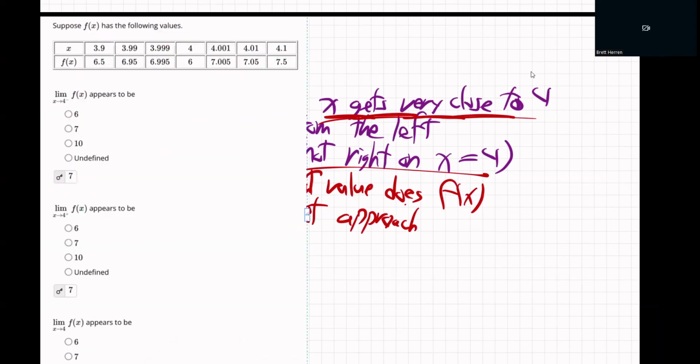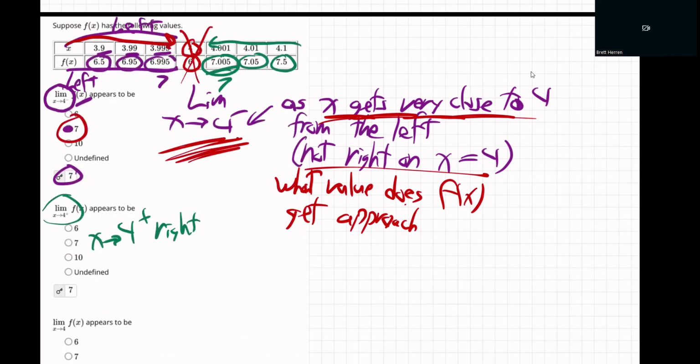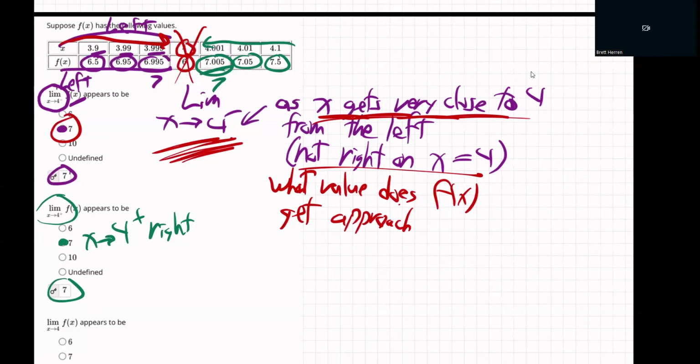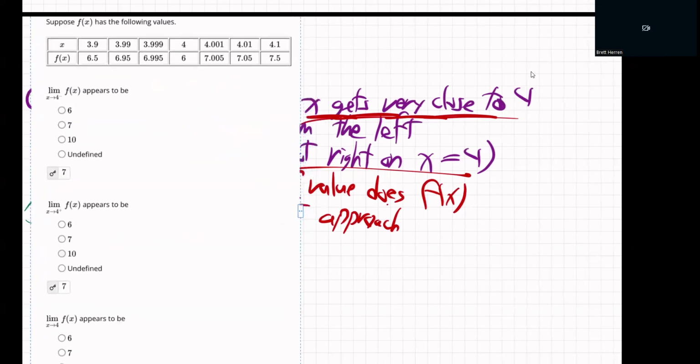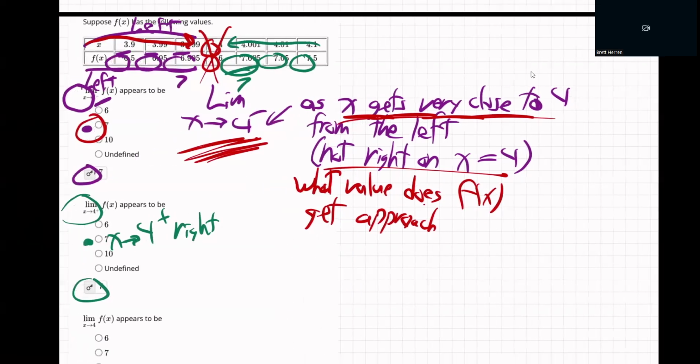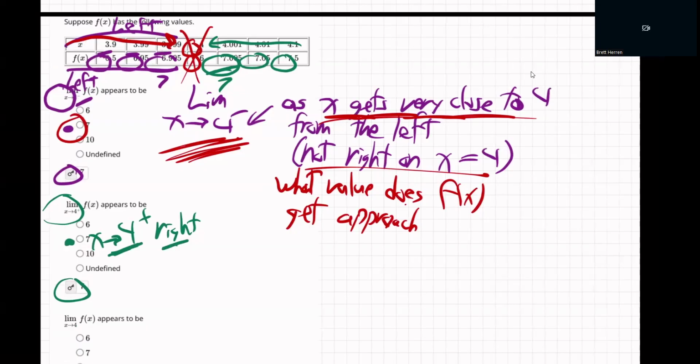Yeah, but right here at 6 again, we don't care about what it does right at the actual value, just what is it getting close to as x heads to 4. As x gets really close to 4 from the right, the function is getting really close to 7.